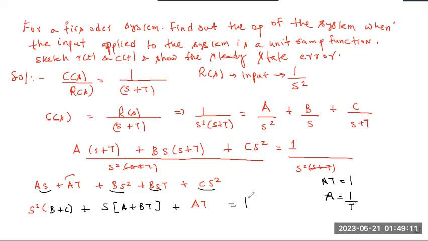On similar grounds, if I check the equation A plus BT, there is no s term on that side, so I can write A plus BT value to be equal to 0.